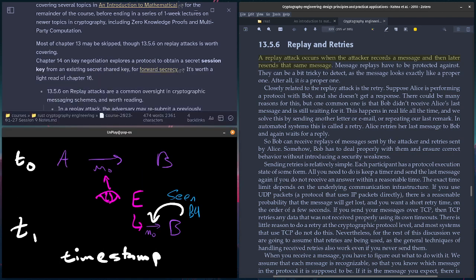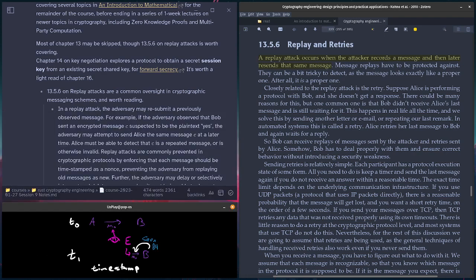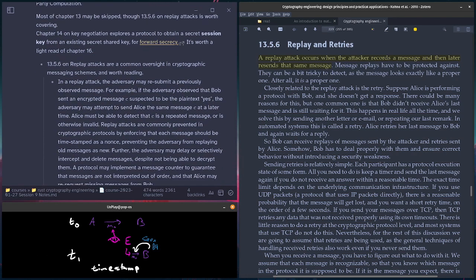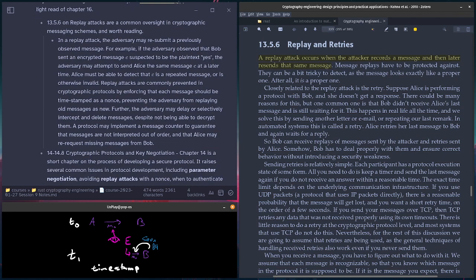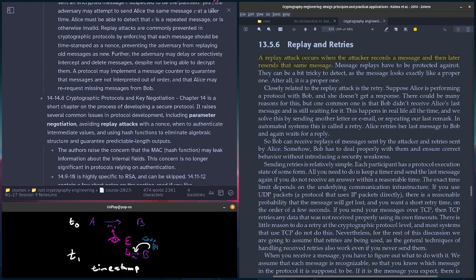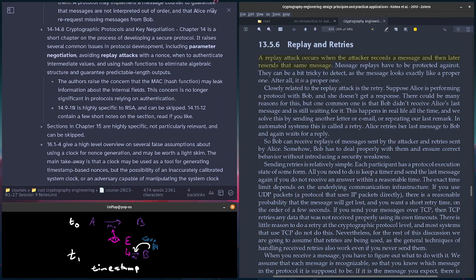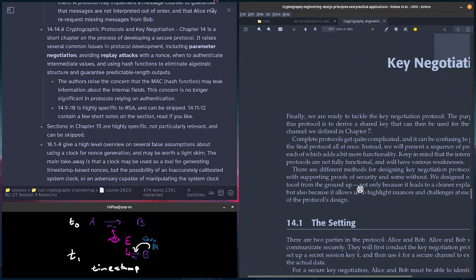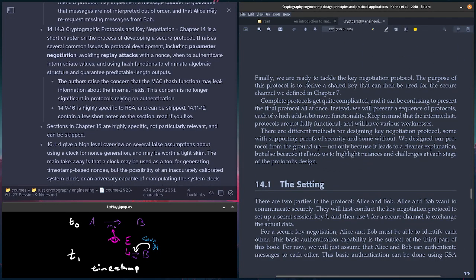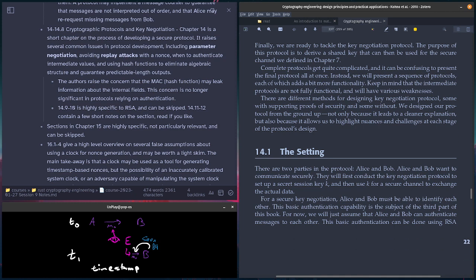I want to move on to the next section here. So yeah, I think this block of text basically just says everything that I just said. Cryptographic protocols and key negotiation in the next section is the main topic for this lecture, talking about how implementing a cryptographic protocol is highly independent from actually implementing the cryptography.